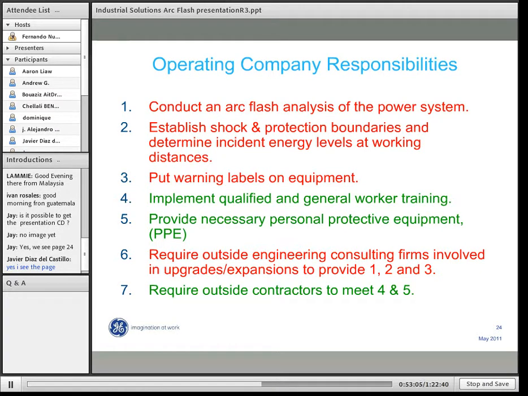Okay, slide 24 gives the responsibilities of the company which owns the electrical equipment. For example, if you have a cement mill or a paper mill, it's the responsibility of the owners of that mill to have an arc flash analysis of the power system, to establish the protective boundaries and incident energy levels, and put warning labels on equipment.